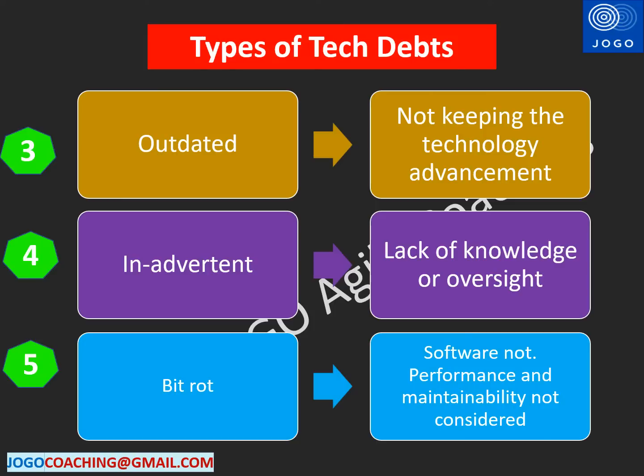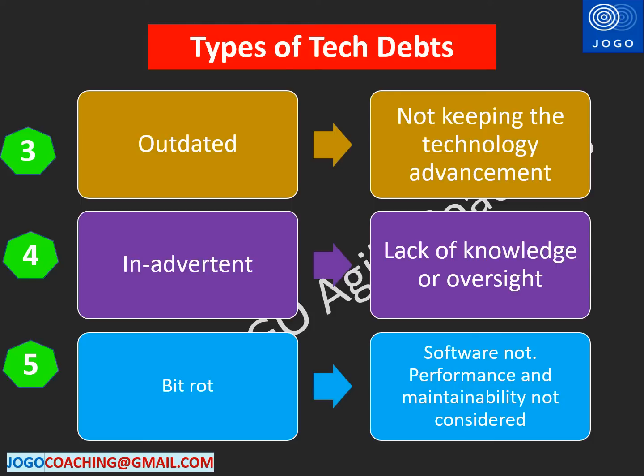The fifth type is bit rot. This technical debt is also known as software rot. This occurs when a system's performance or maintainability degrades over time as a result of changes or additions that are made without proper refactoring or testing.